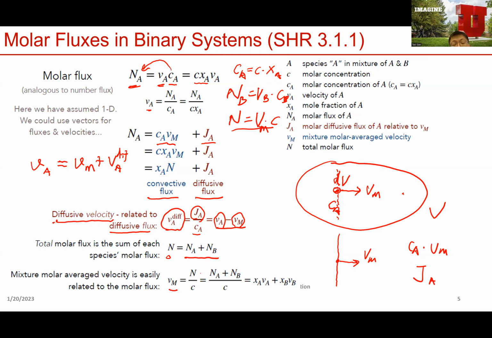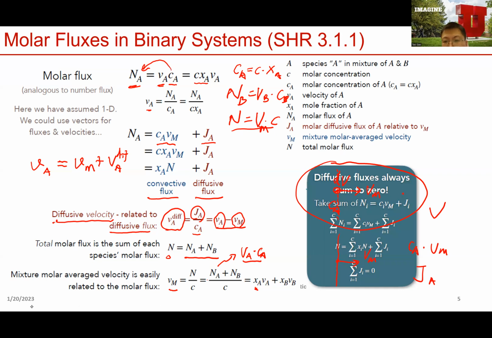And if we break down the total flux to be NA plus NB, then if we divide NA by C, because NA is VA multiplied by CA, and if we plug this in, CA divided by C gives us XA, then XA multiplied by VA. That's how you can break down this equation.